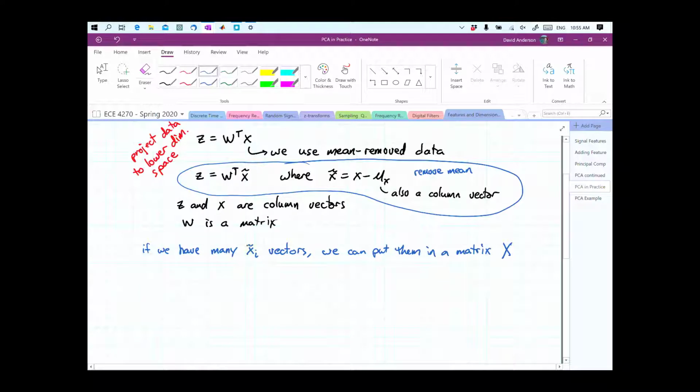And from here on out, we will assume that we're dealing with zero mean data. Okay. So where we were last time was we defined Q equal to X X transpose, the sample covariance or data covariance matrix. I'm just going to write covariance.